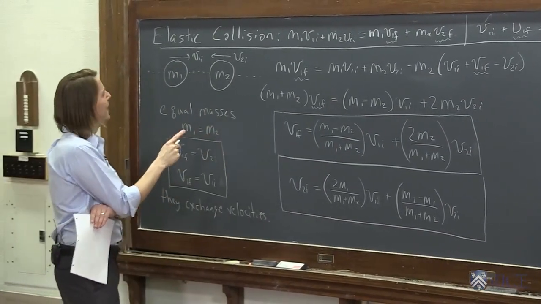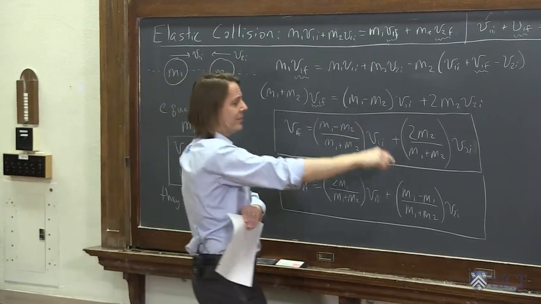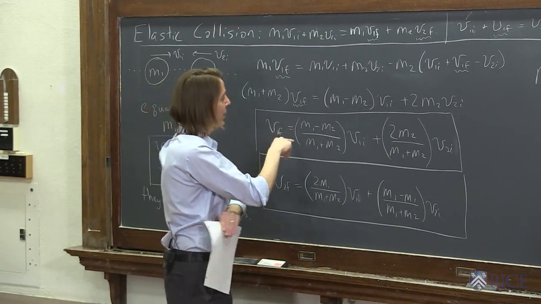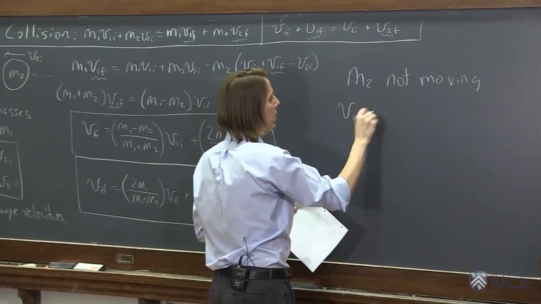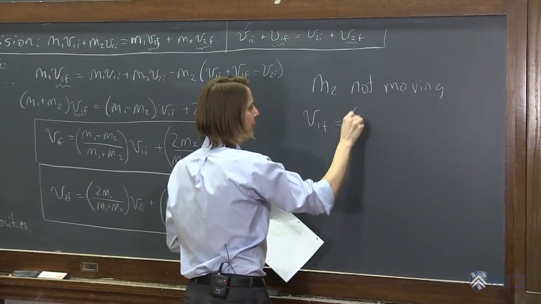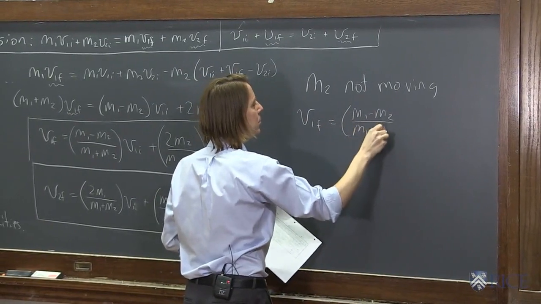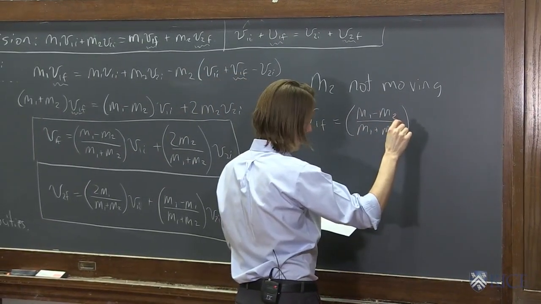That means V2I is 0. So that's just going to simplify these. It's going to take away this term. So then you're going to say velocity 1F equals M1 minus M2 over M1 plus M2, times V1I.